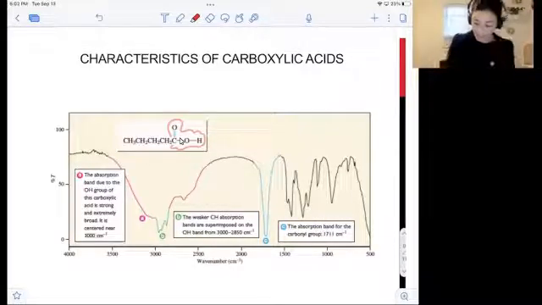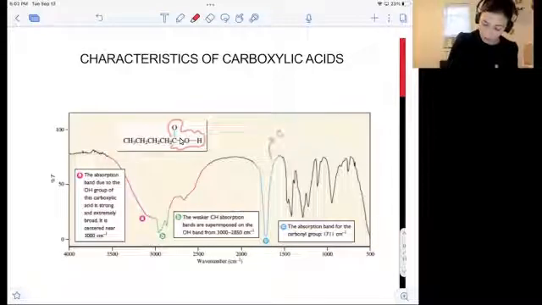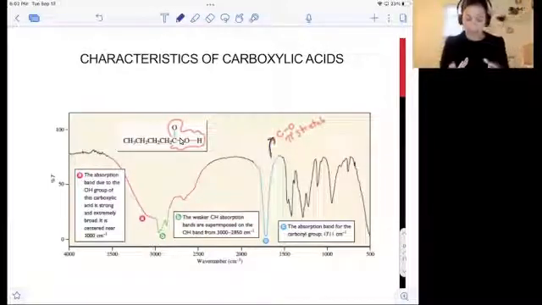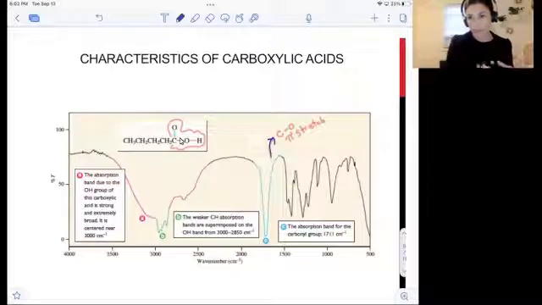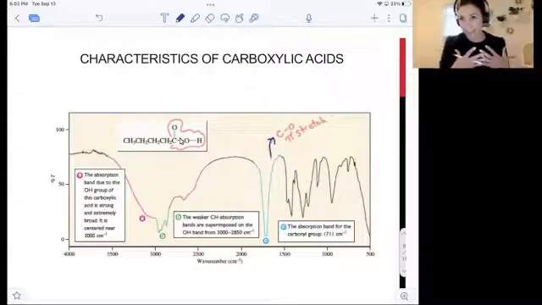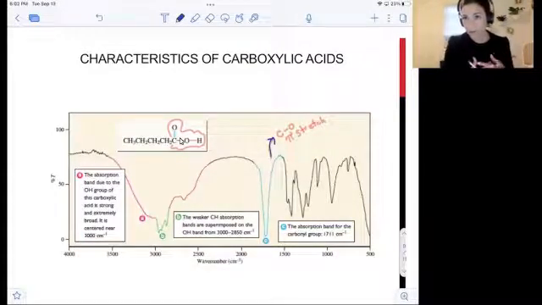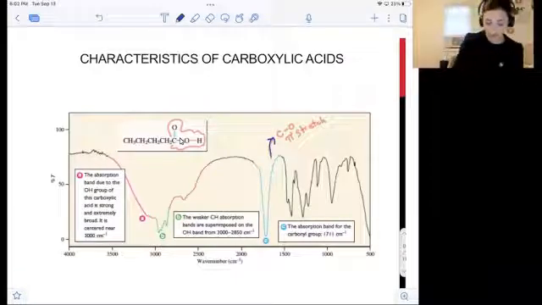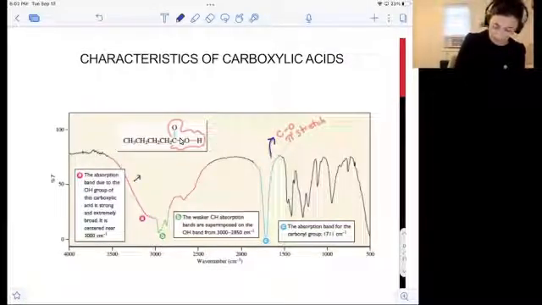So let's look for the CO pi stretch. We do in fact see that right here. And then if we look for the OH and we're expecting to see exactly what we saw for the alcohol we previously looked at, we might be a little surprised.